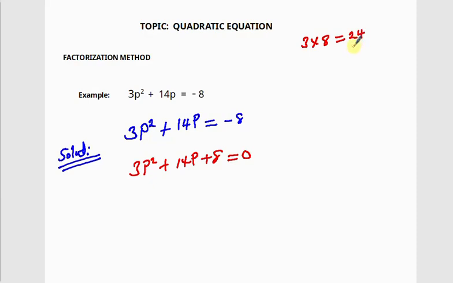Now you have 24 here. You have to look for two numbers that would be multiplied to give you 24. When you add the two numbers, you will have the middle value here, which is 14.